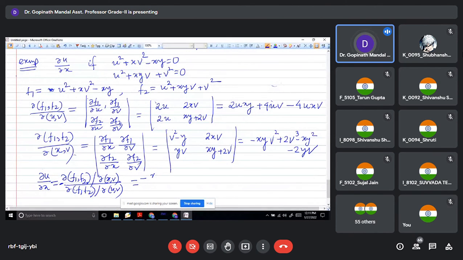So just put the value: minus of (minus xy v square plus 2v cube minus xy square minus 2yv) by (2uxy plus 4uv minus 4uxv). Just put the value. This is our partial derivative.